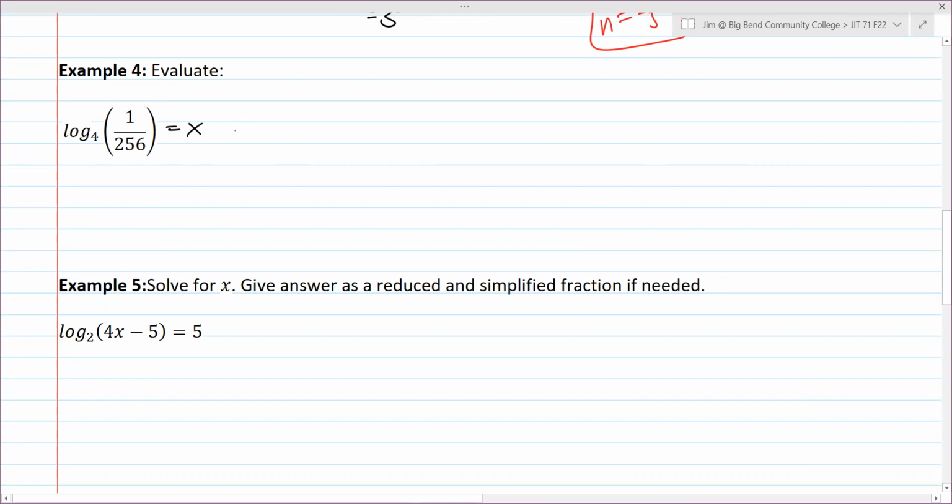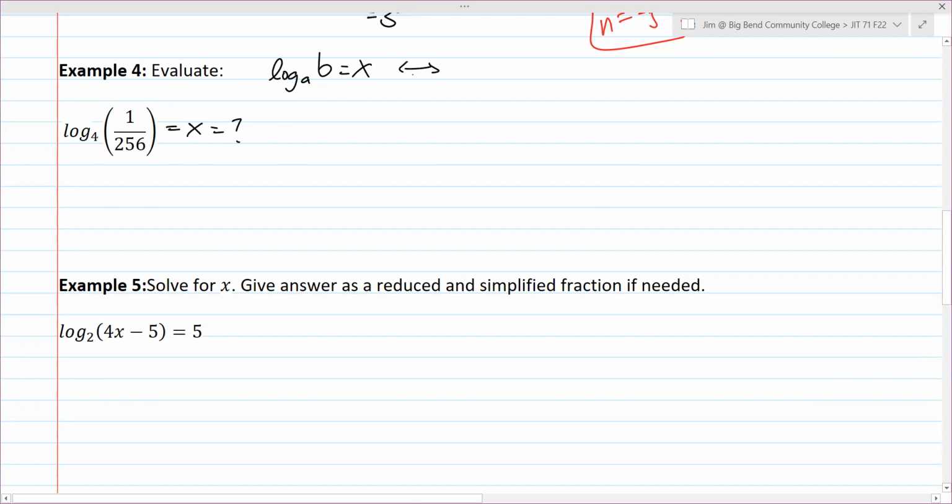So that matches the equation setup we have from before. We have log base a of b equals x. So the goal, when you evaluate the log, means you're finding the x.